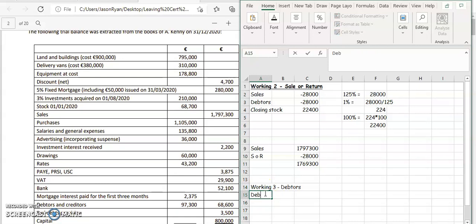So your debtors also need to be reduced because they don't owe us that money. So debtors then are 97,300. Then we've got sale or return, which is 28,000. So you need to reduce our debtors by 28,000.